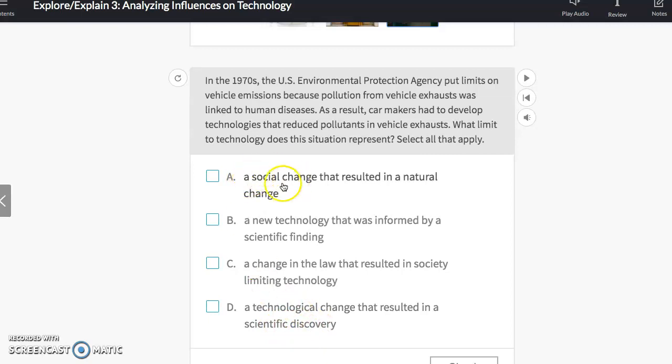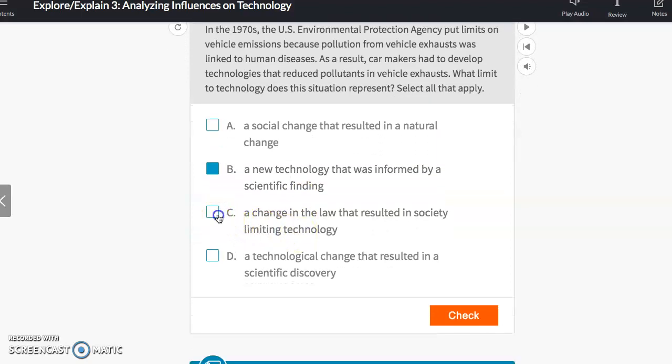Well, the people didn't ask for this, but car makers had to do it because there was a limit on vehicle emissions due to a scientific link. So that's new technology from science, and society limited that technology.